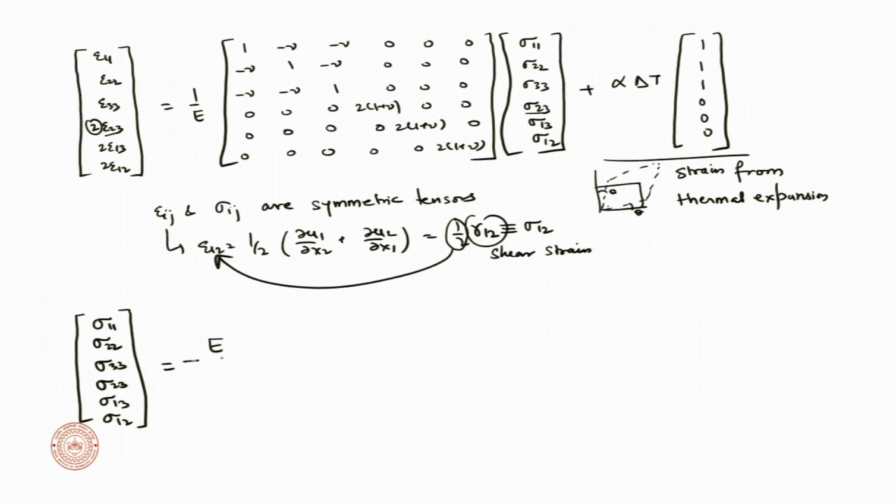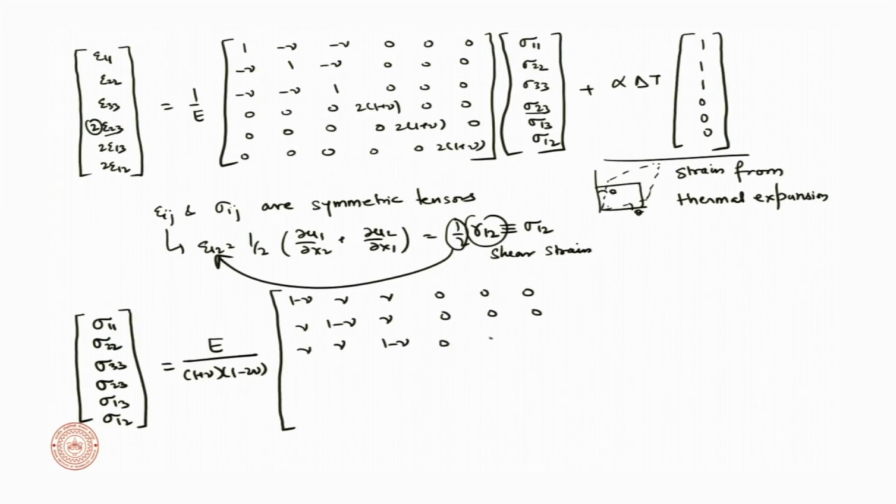This is E over 1 plus nu, times the matrix with entries 1 minus nu, nu, nu, and then we will have 1 minus 2 nu by 2.